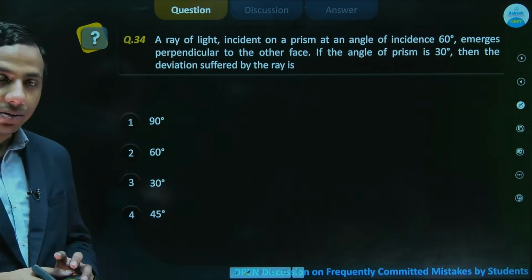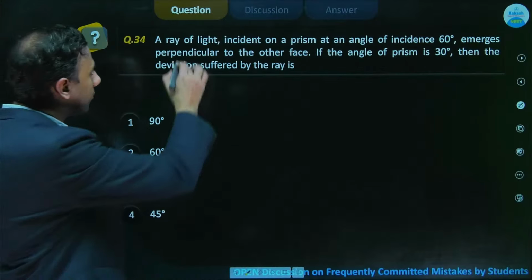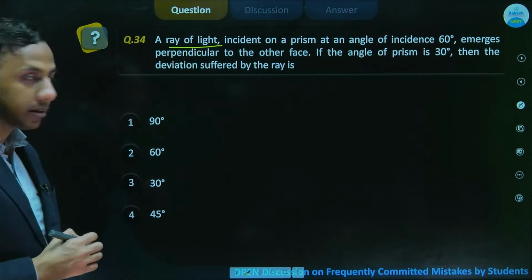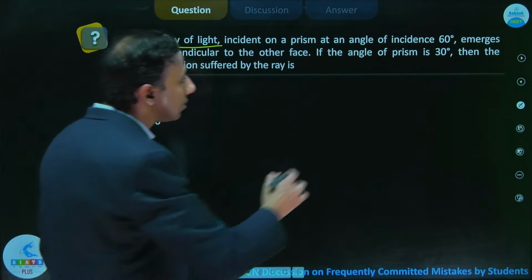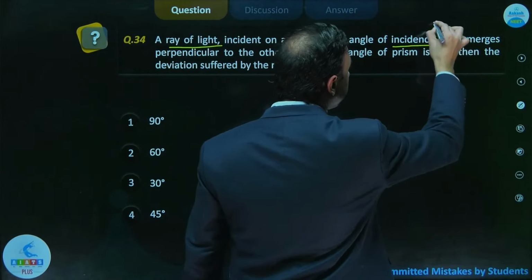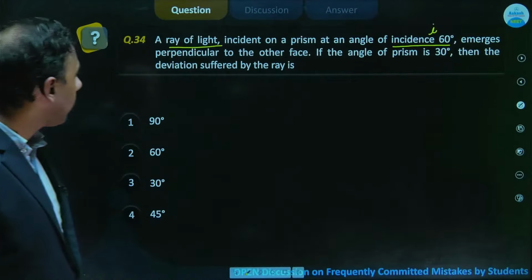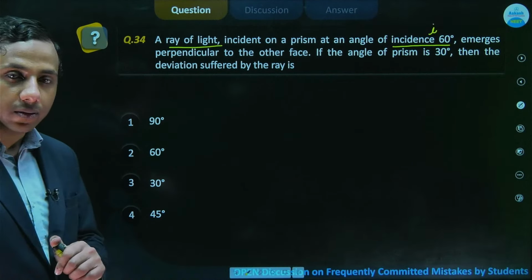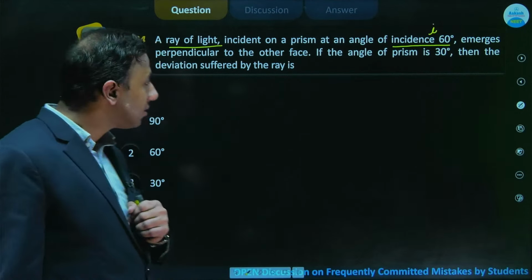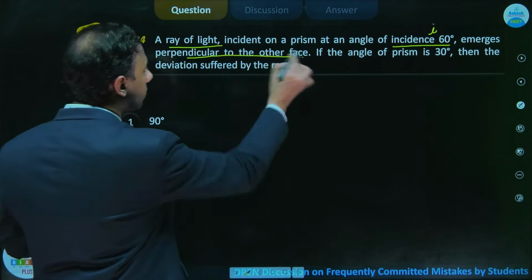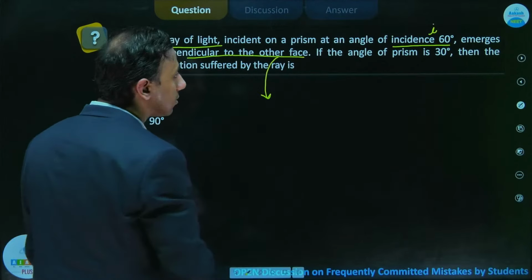Based on refraction. See here, what are they saying? A ray of light incident on a prism at an angle of incidence 60 degree. That is, I is given to you. It emerges perpendicular to the other face. So what is the angle of emergence?